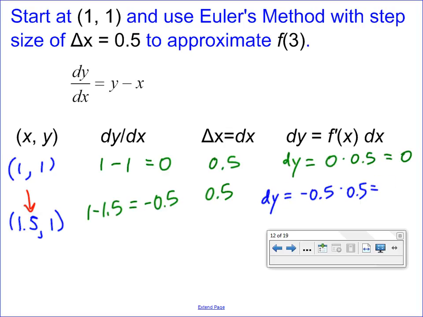Negative 0.25. Yes. So what's my new point? Increment my x-coordinate by delta x, and take my anticipated change dy and increment my y-coordinate. So I'm now at (2, 0.75). You guys good? Awesome.